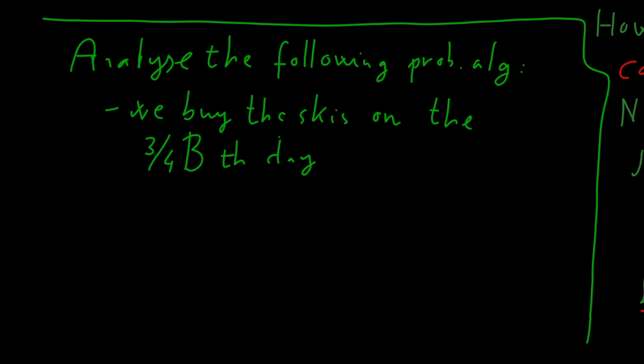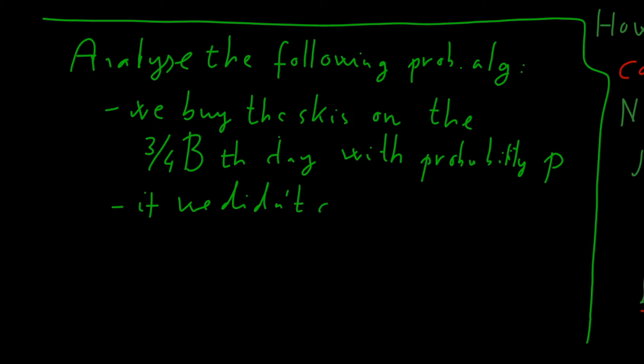This is the same as we've done before, because if b equals 4, then it was day 3 with probability, but this time the probability won't be 1/2, so let's see, p for some p between 0 and 1, and if we didn't do that, then we buy on the bth snowy day.